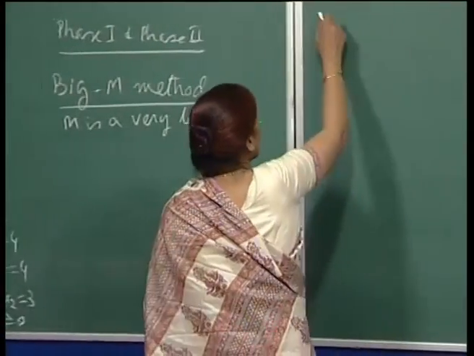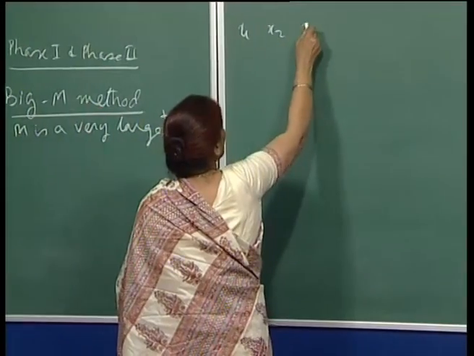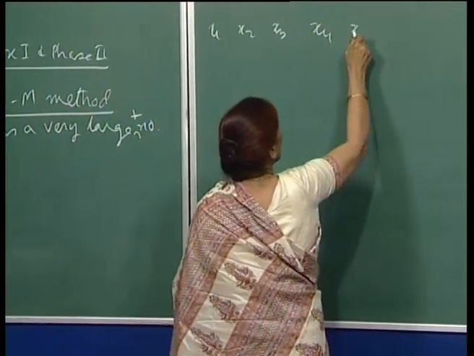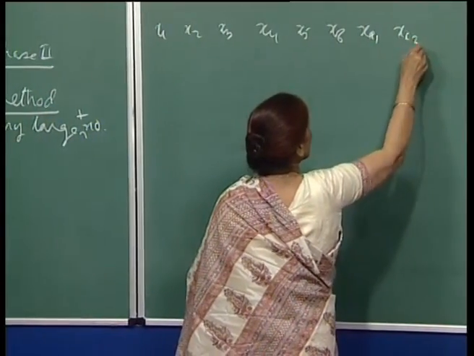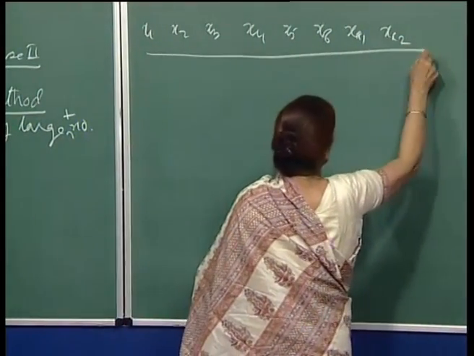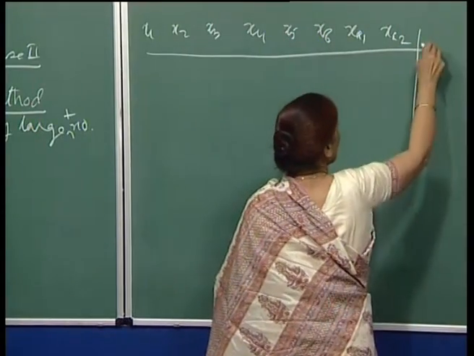So, quickly: x1, x2, x3, x4, x5, x6, xa1, xa2, and this is your right hand side.